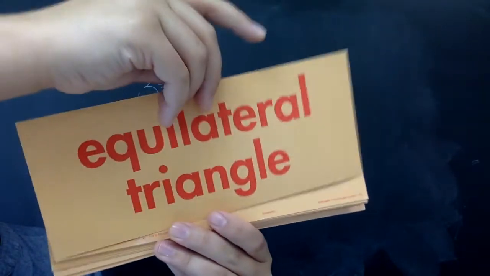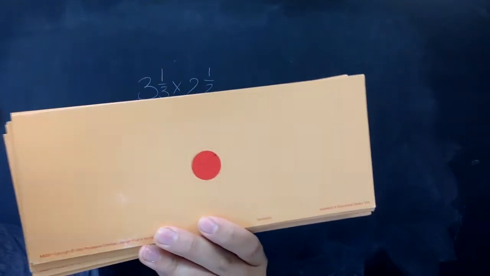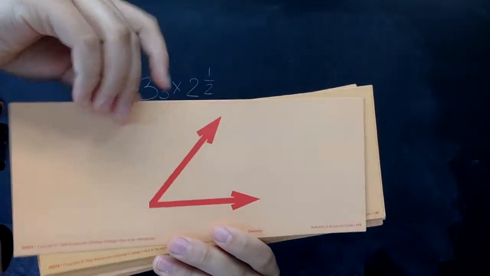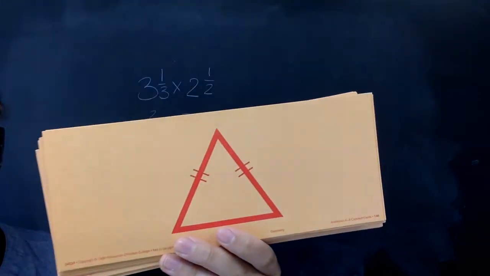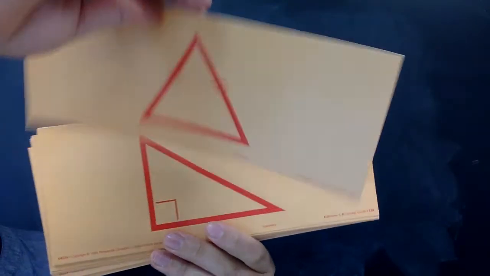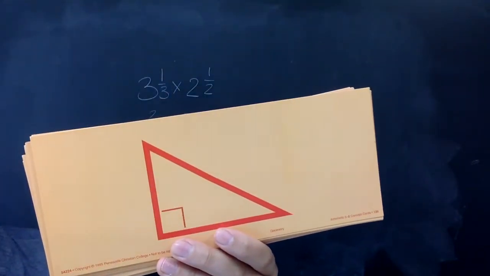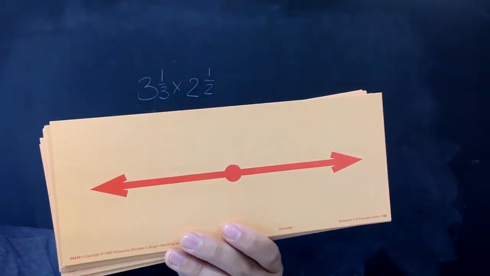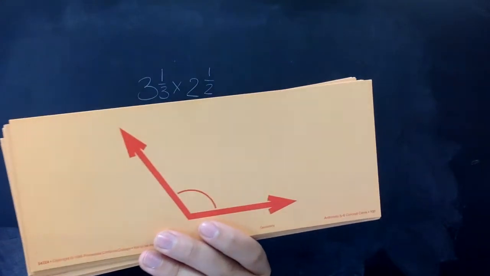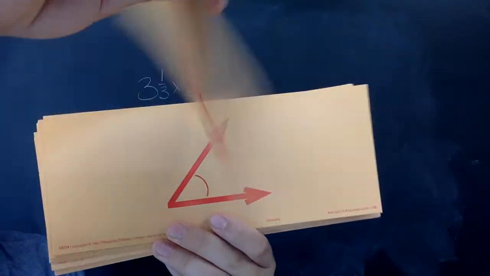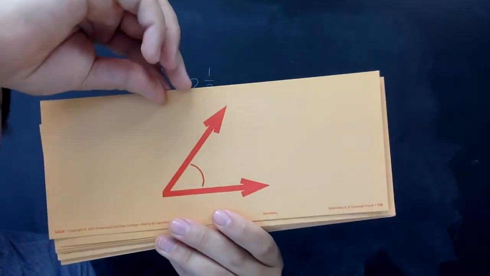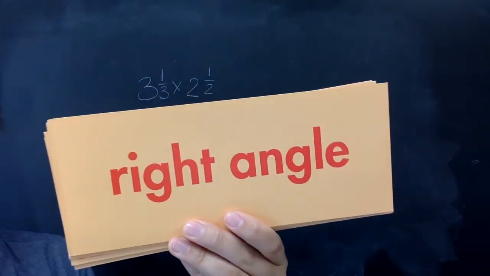This is an equilateral triangle. Point, angle, isosceles triangle, right triangle, straight angle, obtuse angle, acute angle.